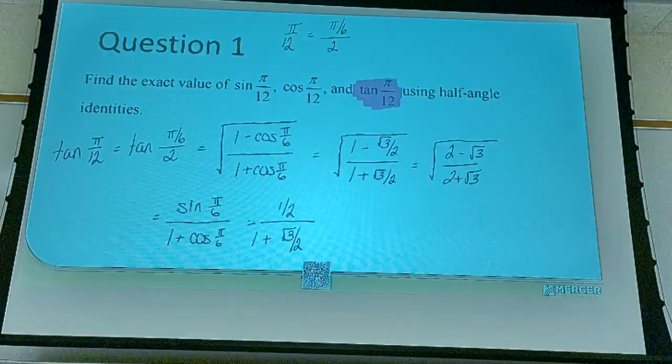Sine pi over 6 is 1/2. Clear up the compound fraction. 1 over 2 plus root 3.